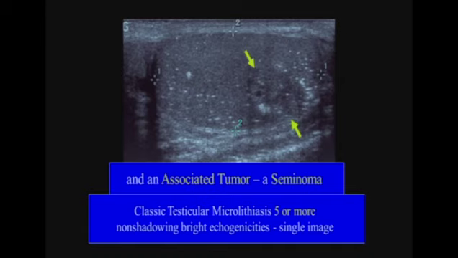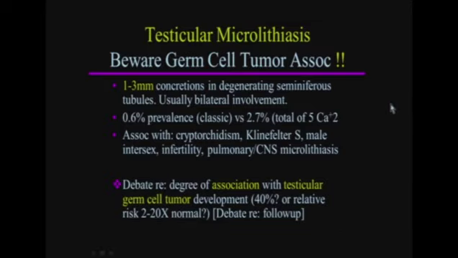Testicular microlithiasis, particularly the classic type, has been associated with increased incidence of testicular tumors, in particular seminomas, and this is an example of one of those. There's a lot of controversy with regard to testicular microlithiasis. Again, it's 1 to 3 millimeter concretions in the degenerating seminiferous tubules.